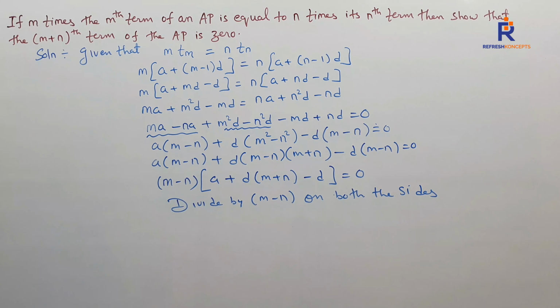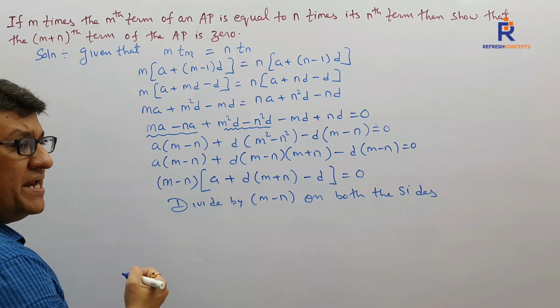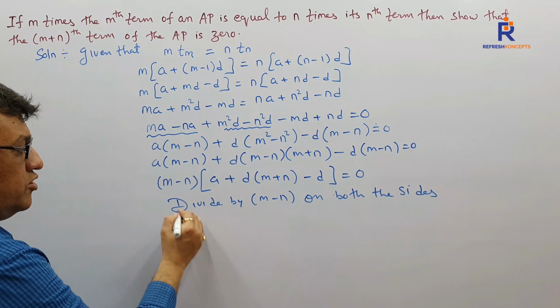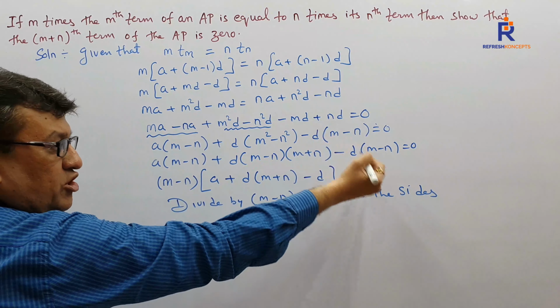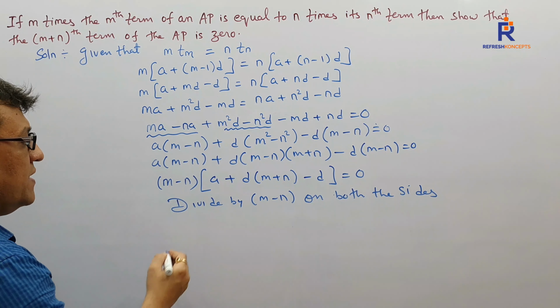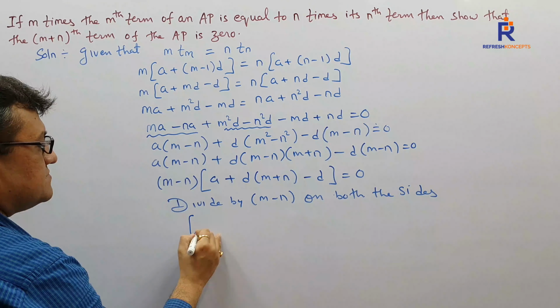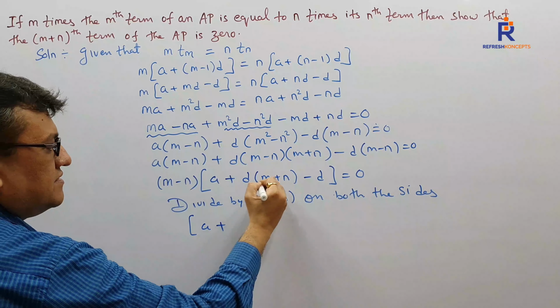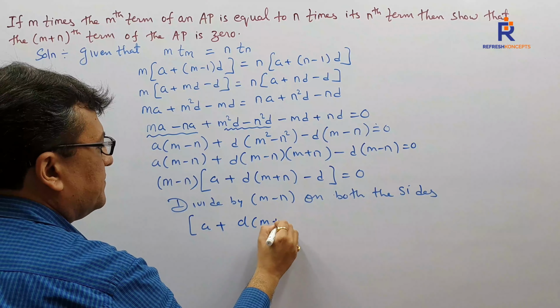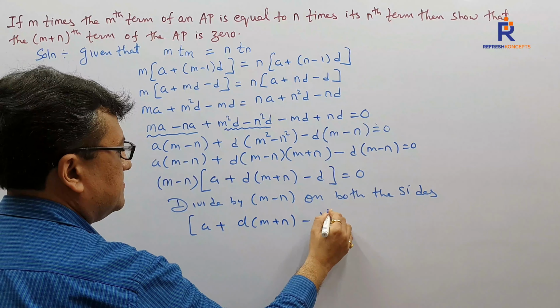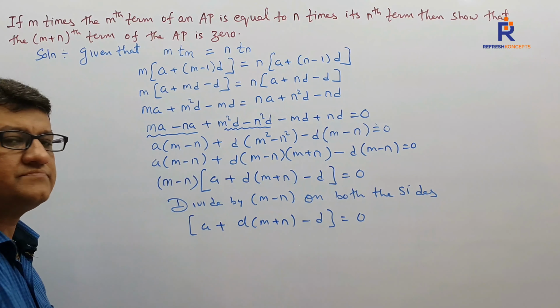Divide by m minus n on both the sides. When you divide by m minus n both the sides, this will get cancelled off, and 0 upon m minus n is 0, so what I'm left with? a plus d into m plus n minus d is equals to 0.